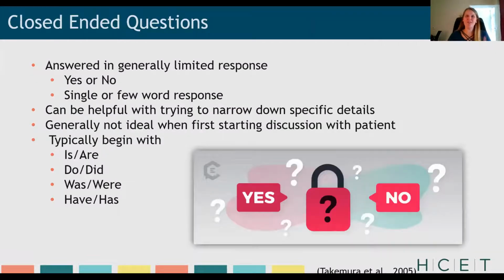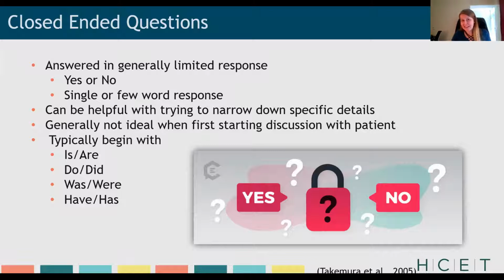Next, we have the closed-ended question. This type of question is answered with a very limited response, usually yes or no, or a single or very few words. This type of question can absolutely have its place when you're collecting information. It may be helpful if you're trying to narrow down specific details from the patient.